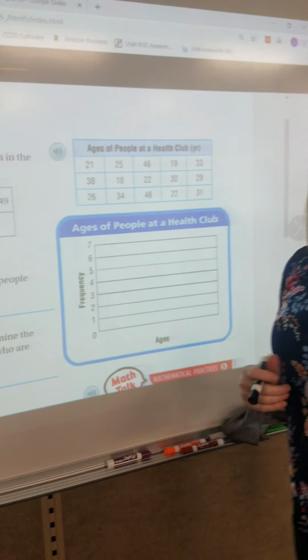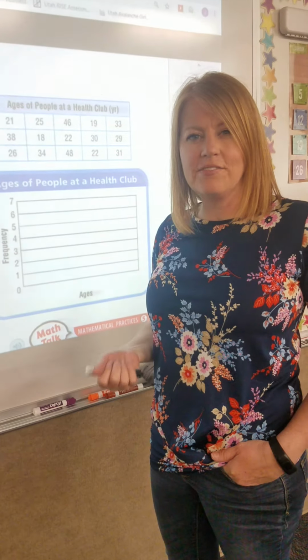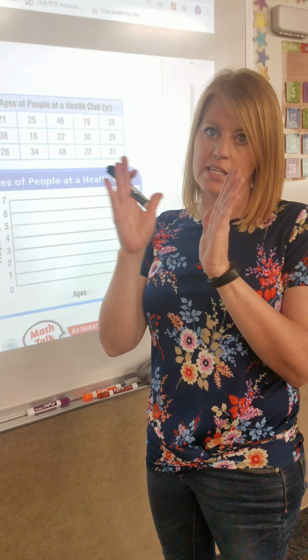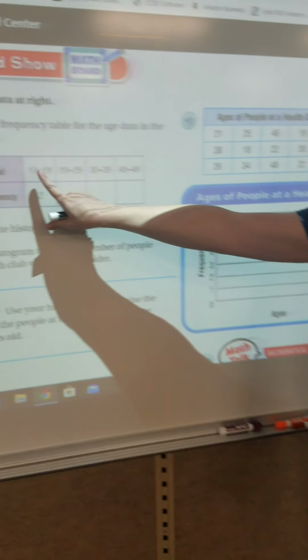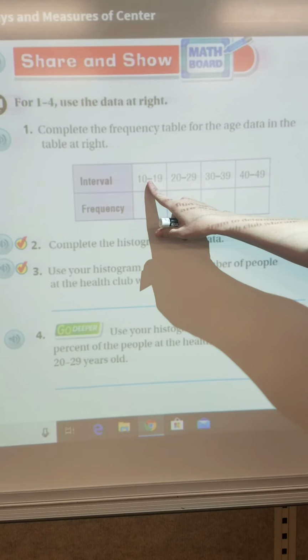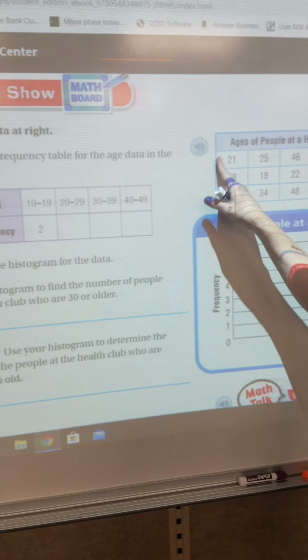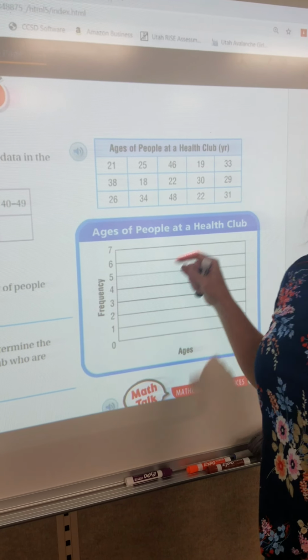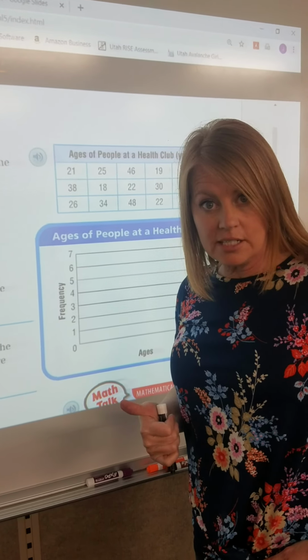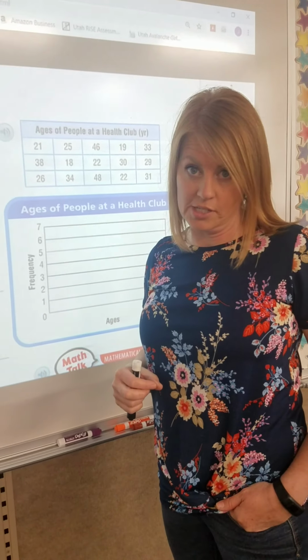Before we can create our histogram, we need to figure out how many people fall into each of our intervals. And that table was already created here for us. If you needed to create your own, boys and girls, you would look at your table and ask yourself, what is the youngest person and what is the oldest person?